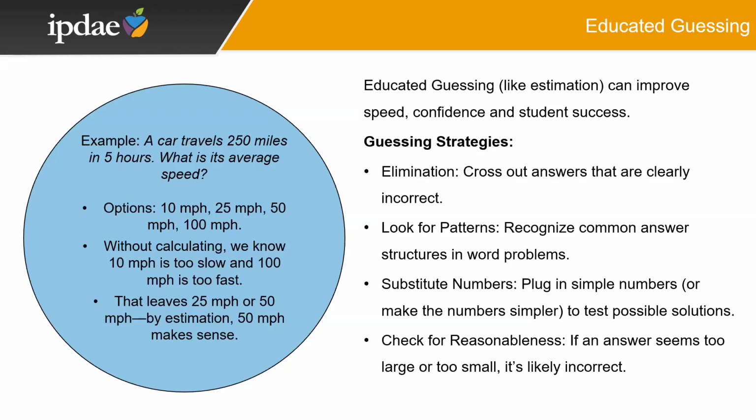But it would make my numbers smaller. Even if I'm using a calculator, if I can shrink my numbers into something smaller, it's less likely that I'll accidentally hit 3 zeros instead of 2, or make a mistake typing something into my calculator, even during that period of the test. But simpler numbers can help test possible solutions and give you an idea if you're on the right track, right?